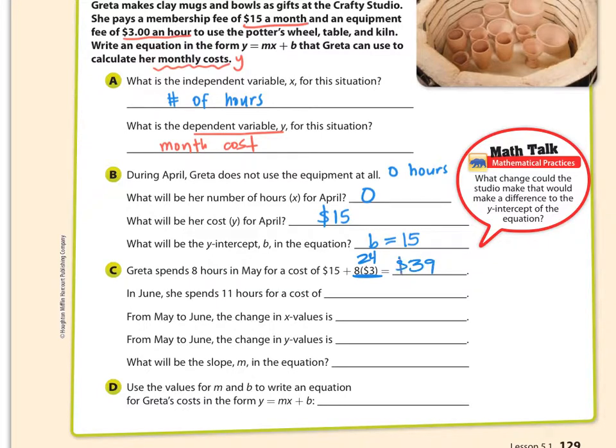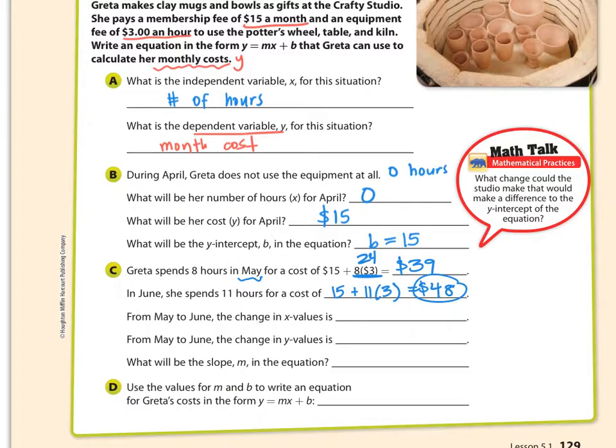That was for May, sorry, just backing up for a little bit. In June, she spends 11 hours for a cost of, we've got to do the 15 bucks membership fee plus 11 hours at $3 an hour. So that's 3 times 11, that's 33, plus 15 is going to give us 48 bucks.